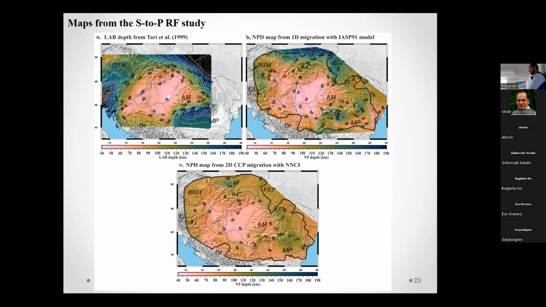But if we look at the global images of this negative phase boundary, we very often see that on average we find this discontinuity around 100 kilometers. The clear exceptions are only old cratons and, of course, young oceanic basins and young lithospheres. And in that common paper with Donny, we are also suggesting this, because it's a real controversy.